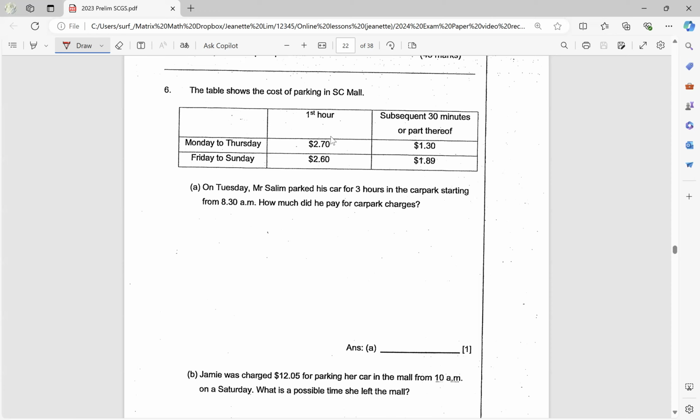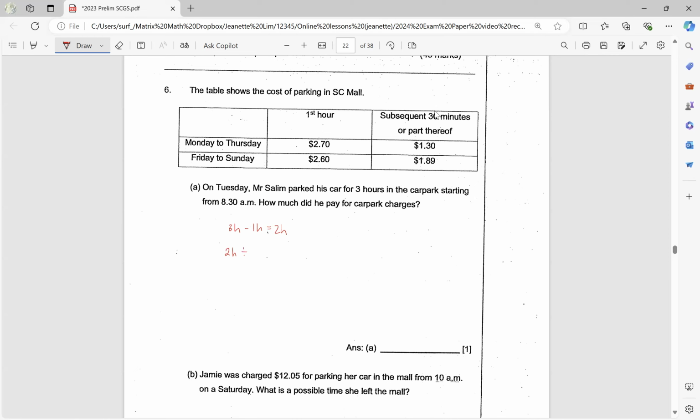So if he parked for 3 hours, then 1 hour is for the 270. The remaining 2 hours will be at $1.30 for every 30 minutes or part thereof. So for these 2 hours, how many sets of 30 minutes?